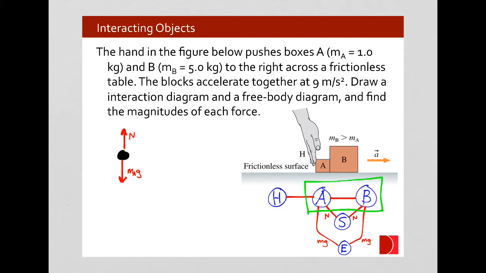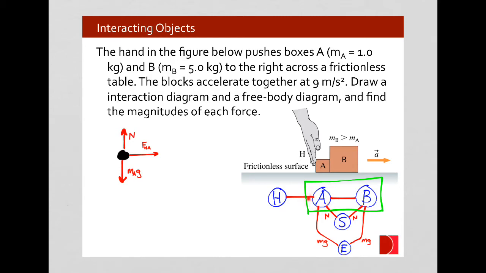We also know that there's a force that the hand is applying on A, so we'll write that as the force of the hand acting on A. So basically we have these two vertical forces.